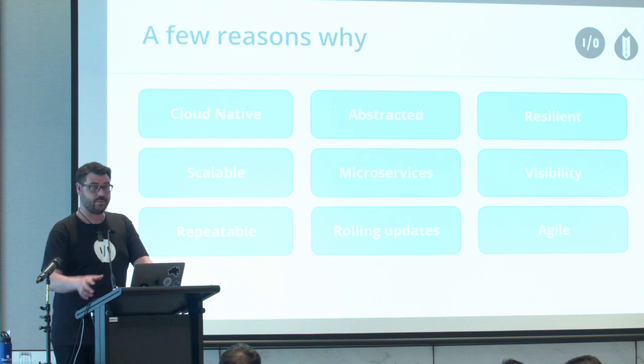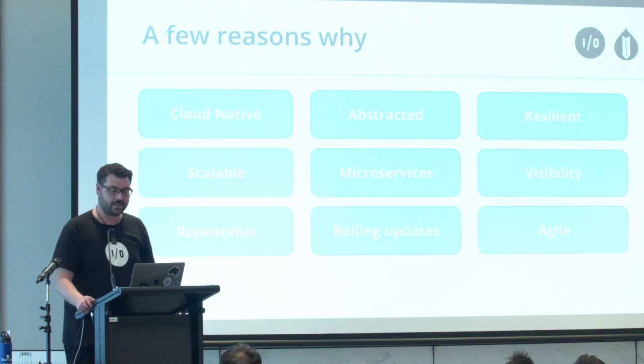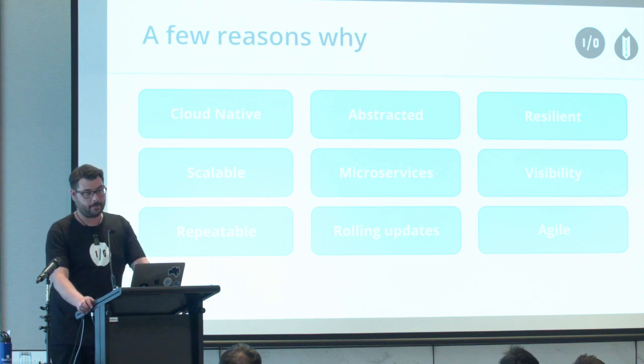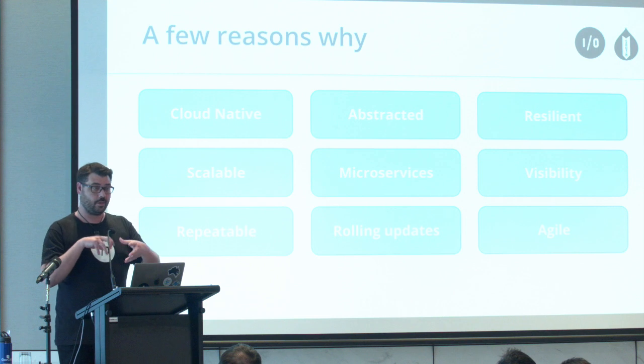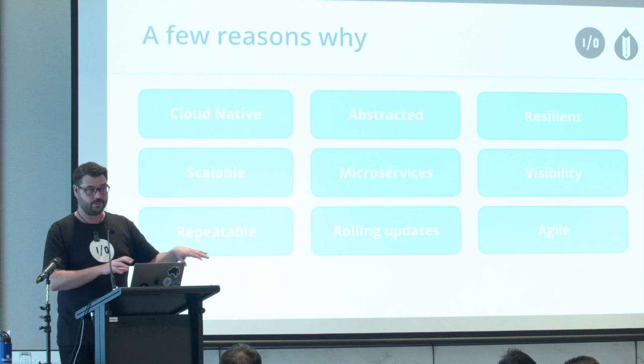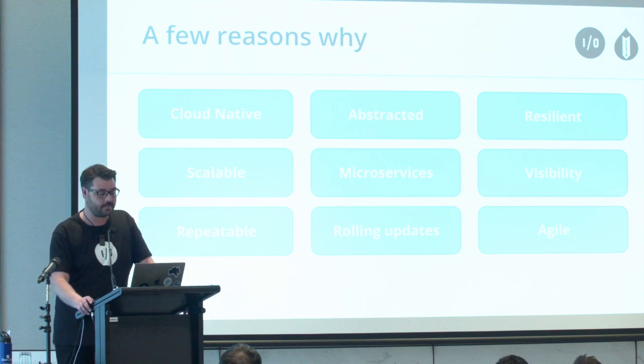It's that built-in resilience, like we talked about, that reconciliation loop that you get, where if a node goes down or a disk fills up, it can respond and reschedule your workloads to different areas. It's scalable, and that's built in by default.